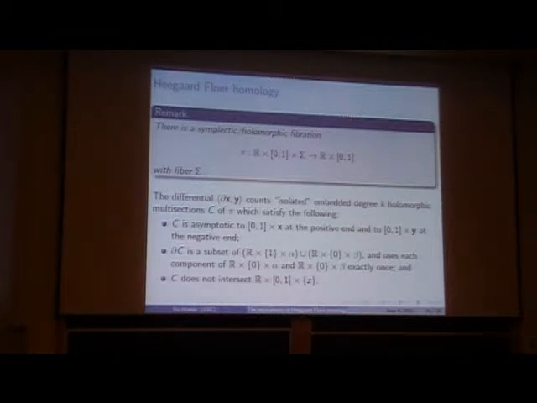You need to use each R cross 1 cross alpha i once, so each boundary component needs to map to this or that. And you need to use each component of R cross 0 cross beta exactly once. And lastly, there's some sort of intersection condition.